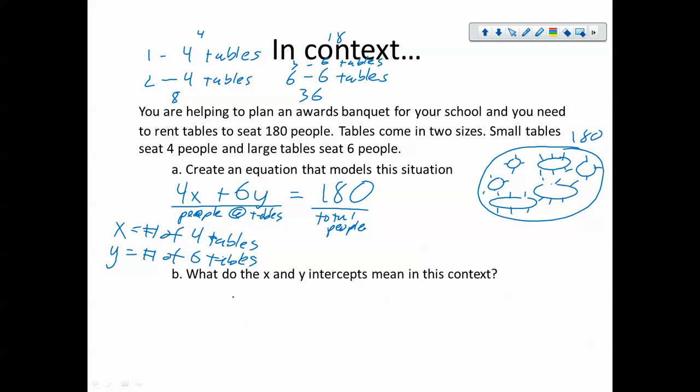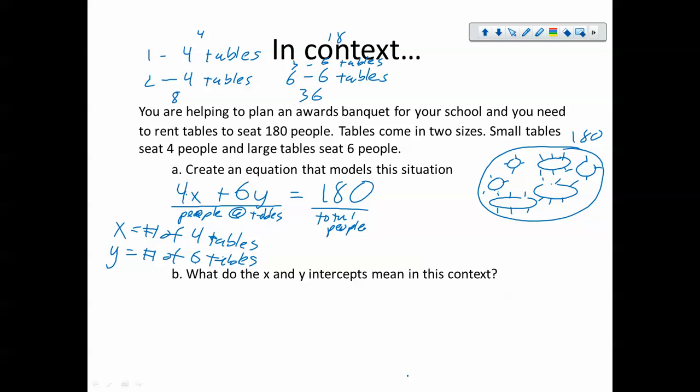So it looks like this equation is going to model it well, right? 4, because these tables seat 4, times the number of 4-seater tables. That's going to tell me the number of people sat at 4-seater tables. And then 6, because they're 6-seater tables, times the number of those 6-seater tables that I have. We want that number to be equal to 180. Okay, great. That looks like a model that's going to work.